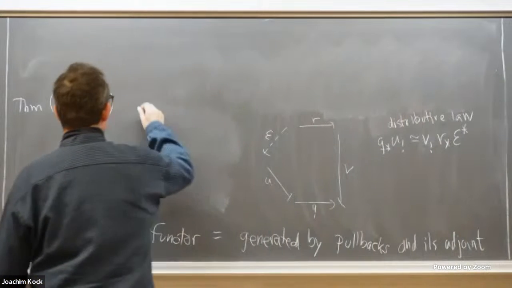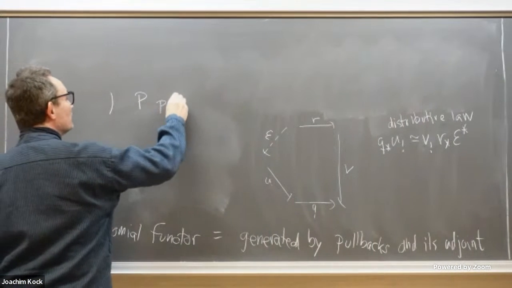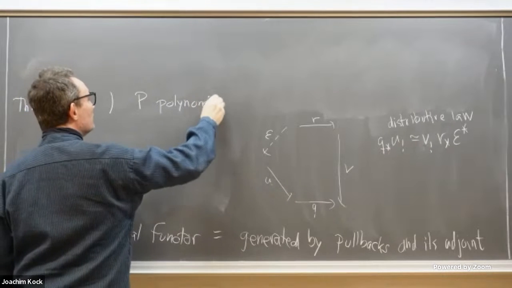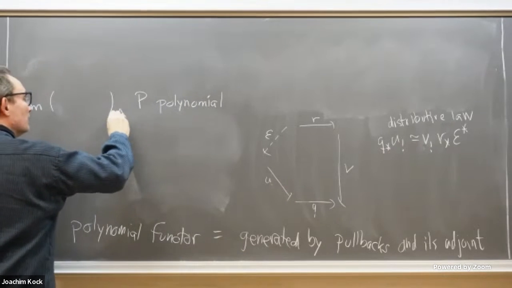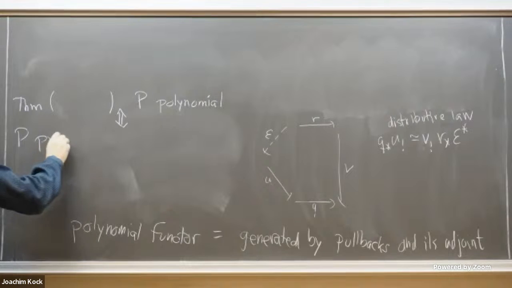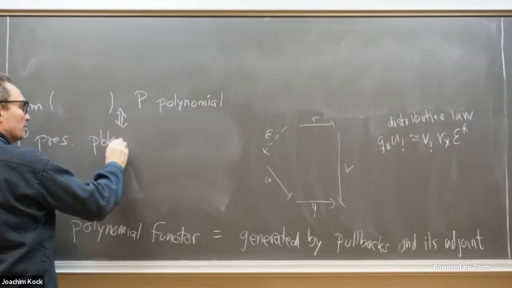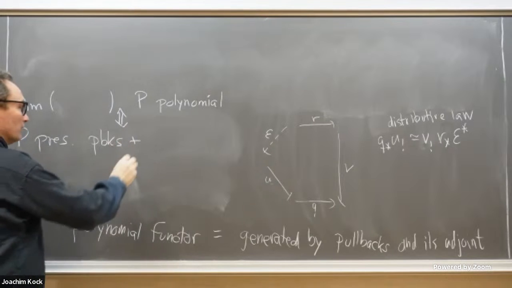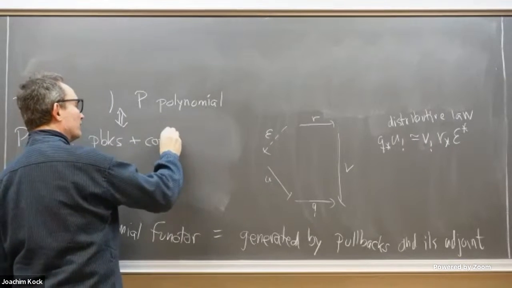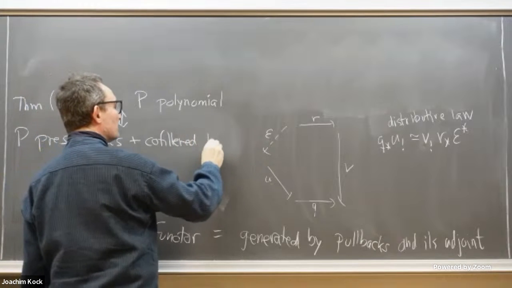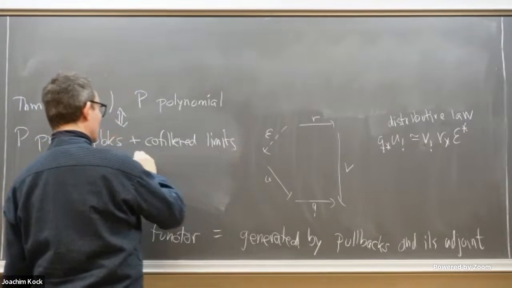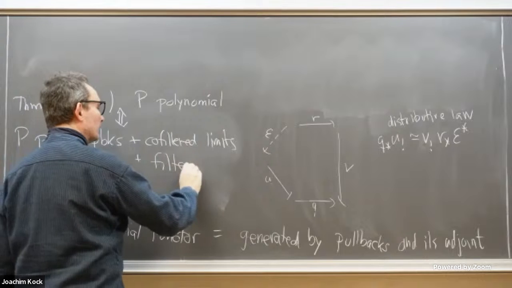It says that P is polynomial if and only if it preserves pullbacks and certain limits and co-limits. They're the co-filtered limits and they're the filtered co-limits.